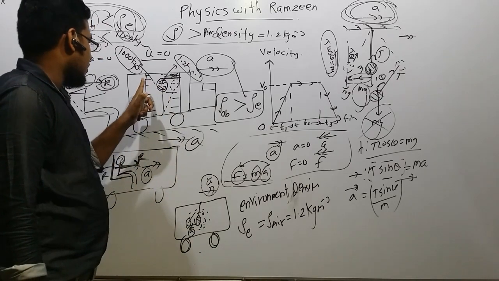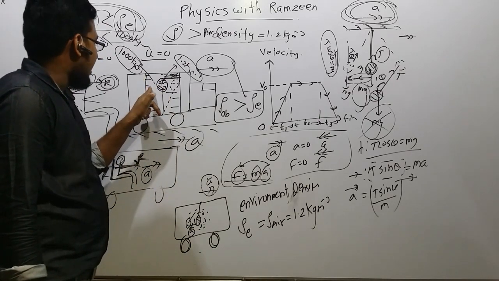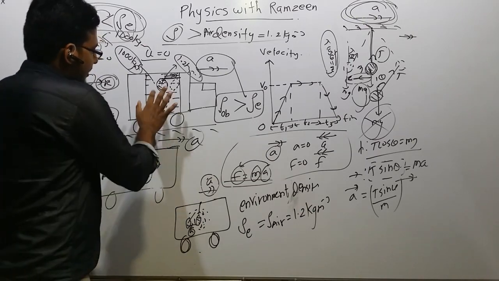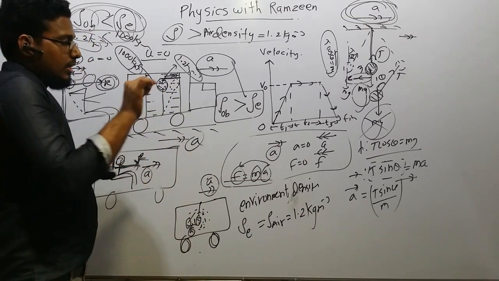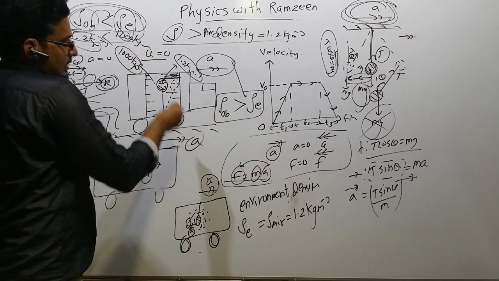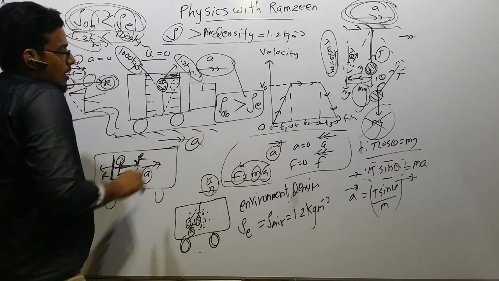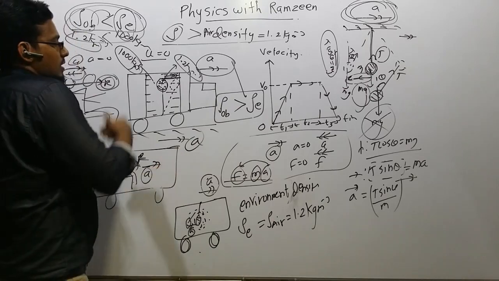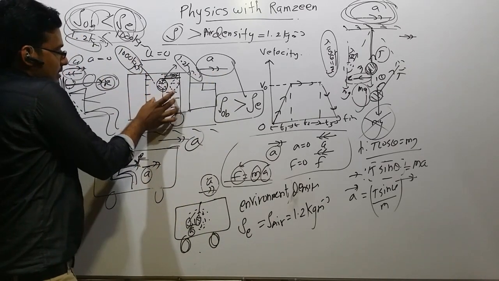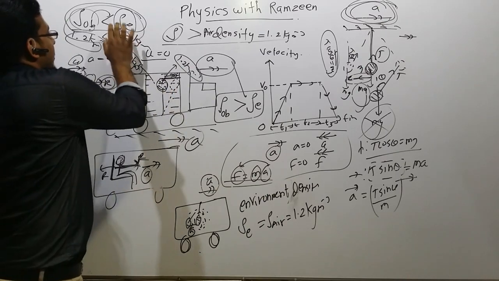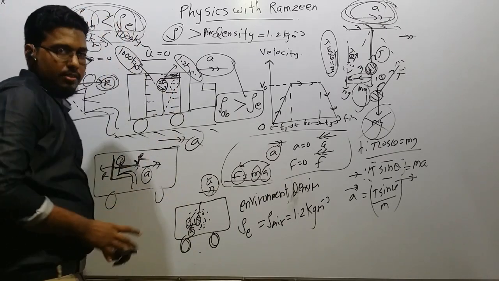Then the environment density is higher than the particle density. What will happen? It always gets the same acceleration value, but the position changes in the same direction as the acceleration. That's the scenario according to this condition, right?